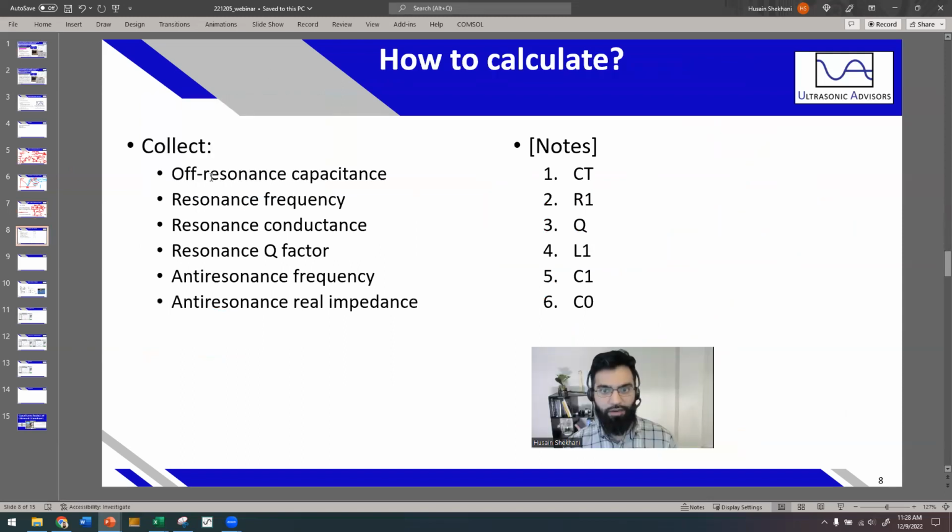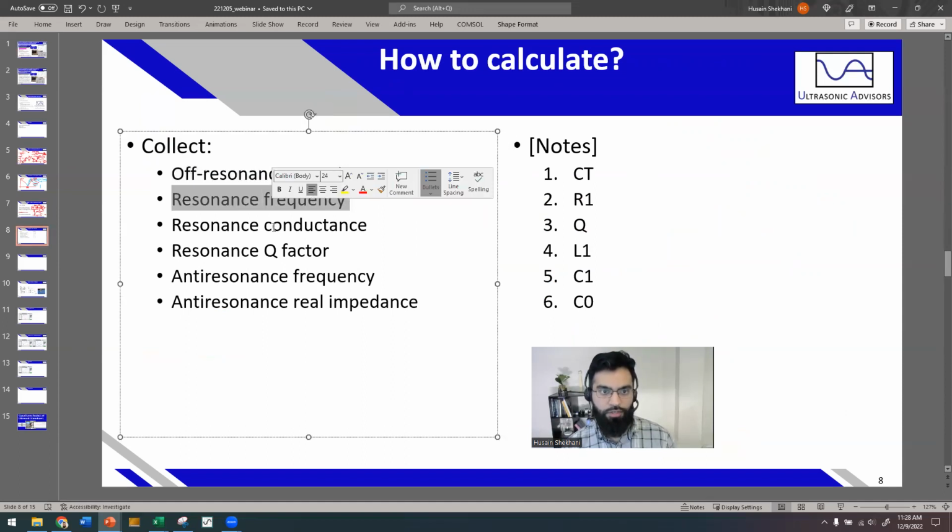So how do you calculate that off resonance, or that equivalent circuit? Like last time, we first start with measuring a lot of different properties. We measure our off resonance capacitance. We measure our resonant frequency according to the maximum resonance conductance.